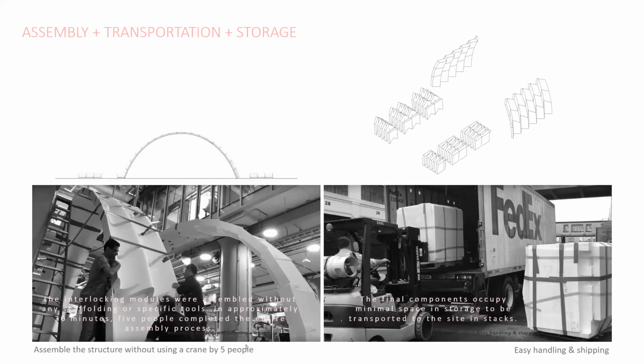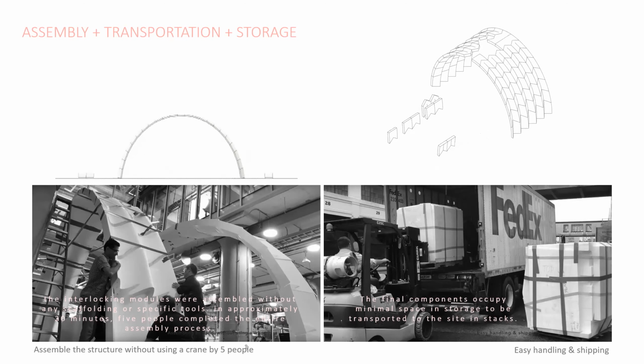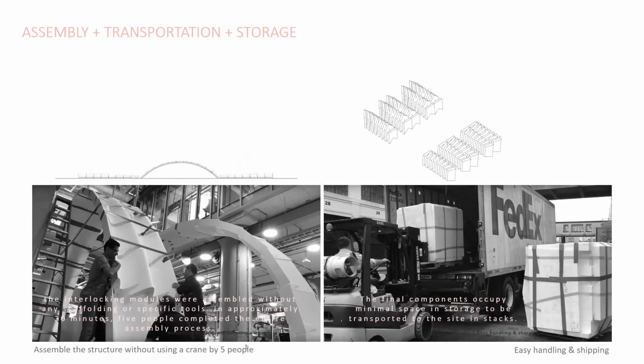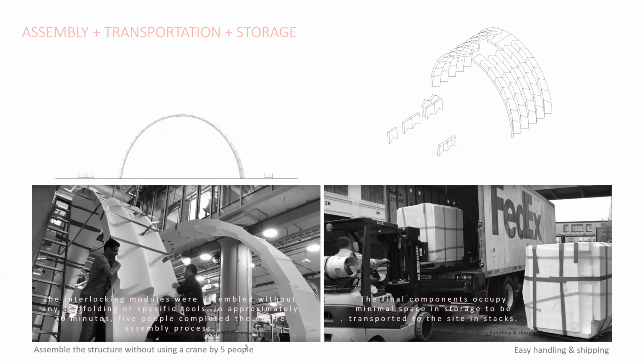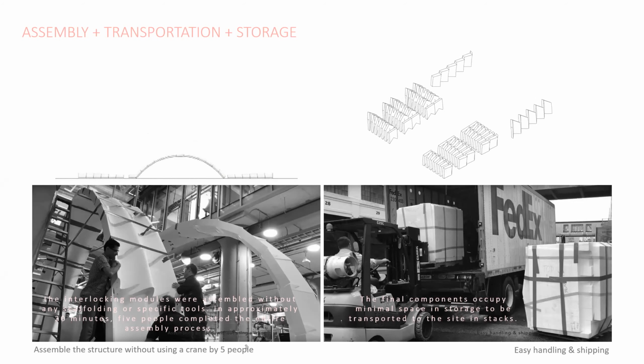So we did it without any crane or anything. We raised the structure, and on the right side you could see how we could put them back and ship it back to Texas A&M and have the structure over there. So it wasn't just limiting the waste of material, it was limiting even the shipping and the storage area as well.